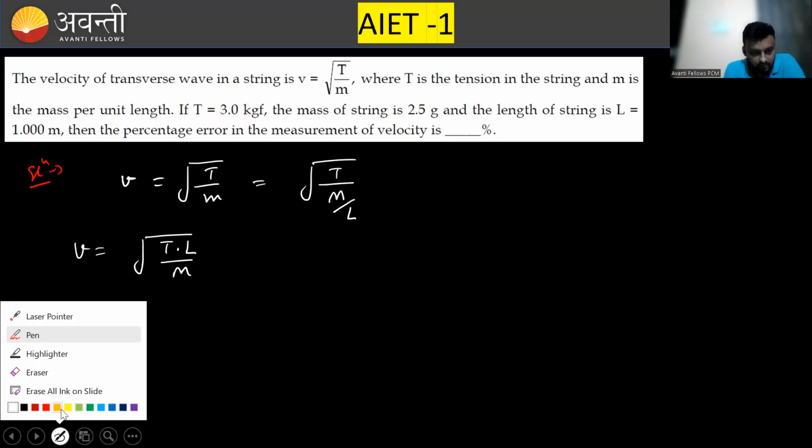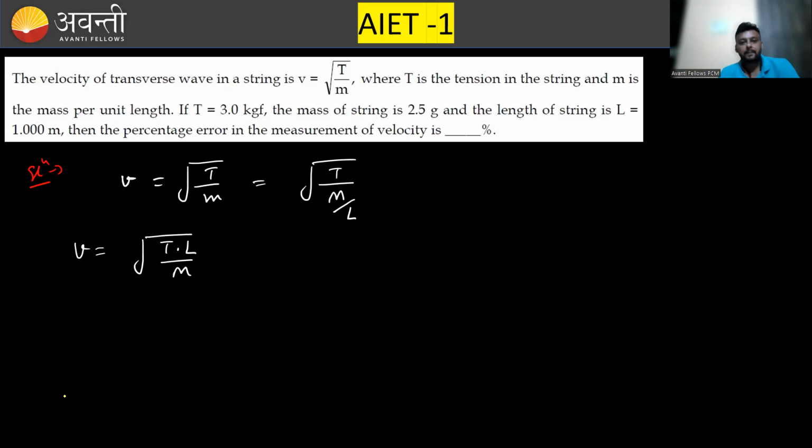Now the error in the measurement of velocity, that means delta V by V. Here there is no need to take the log because you can directly write it as V equals T L by M raised to the power 1 by 2.